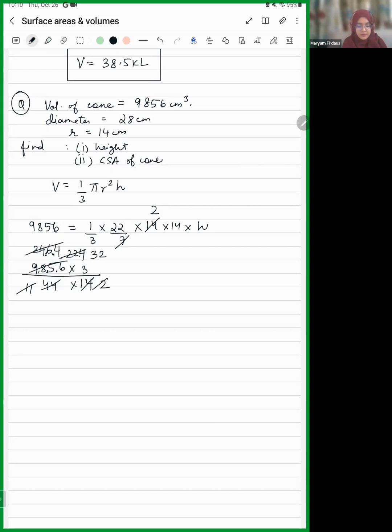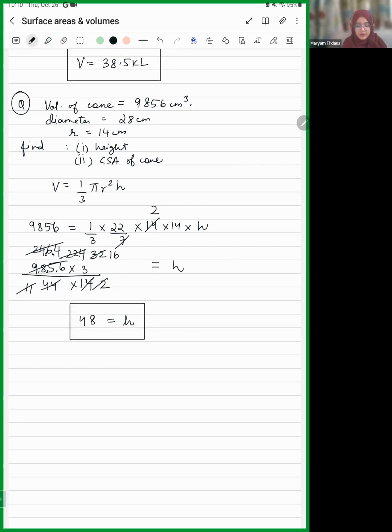It will be 16. Yes, that's correct. And 16 into 3 is 48. So 48 is equal to your H. So this becomes 48. This is equal to H.